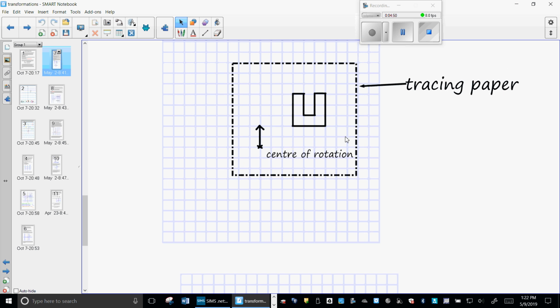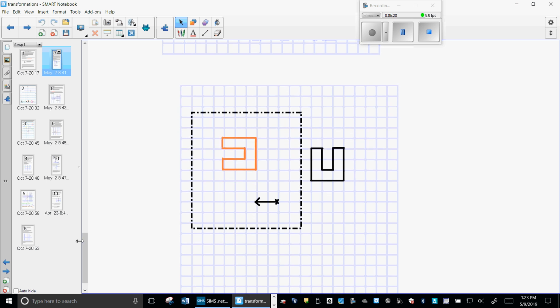So here's my original shape. You put your tracing paper on the top. You draw around your shape. You put an arrow just pointing up on your tracing paper. Then, for example, if we were rotating this shape 90 degrees anti-clockwise, I would put my pencil point on my rotation point, and when I turn my paper, my tracing paper arrow will end up pointing this direction.